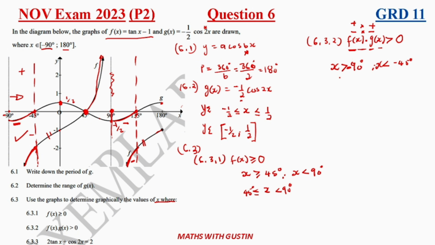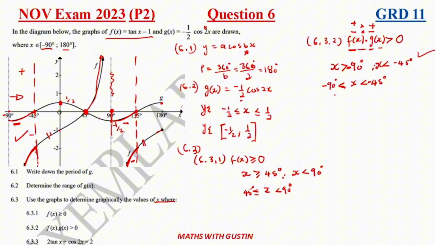So you are referring to this part right here, or you can rewrite this as x greater than negative 90 degrees or less than negative 45 degrees. Okay, there's a reason why I write it like this, guys, at first, then I can do it like that, or even if you just write it like this, it will still be fine, right?